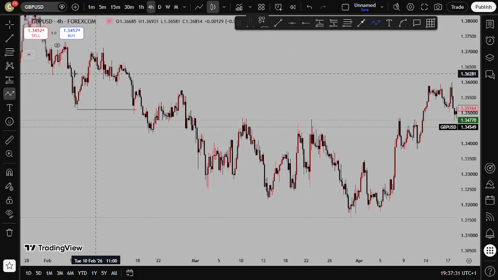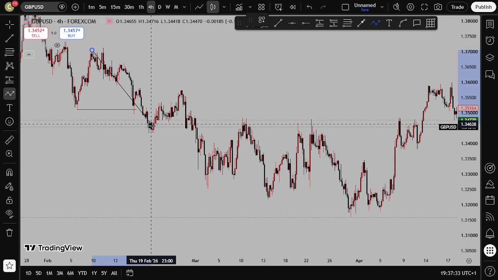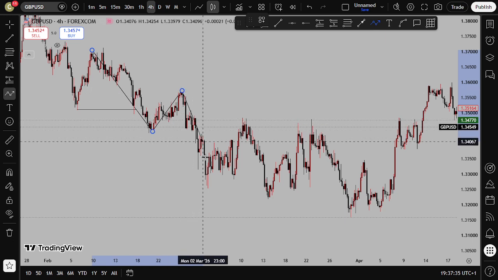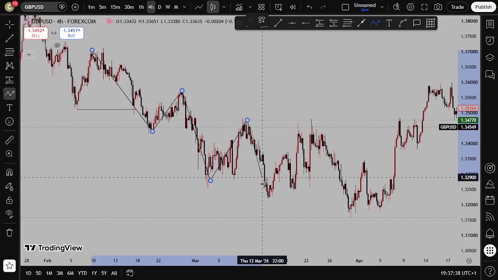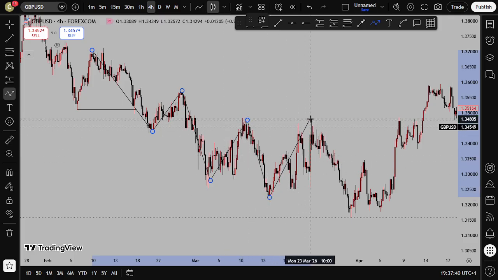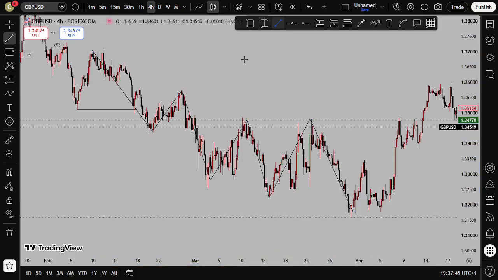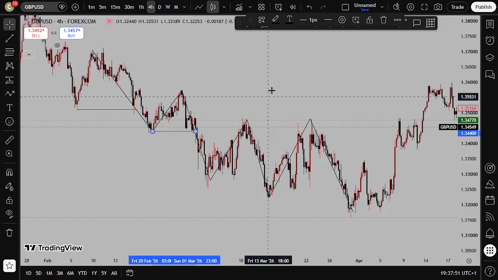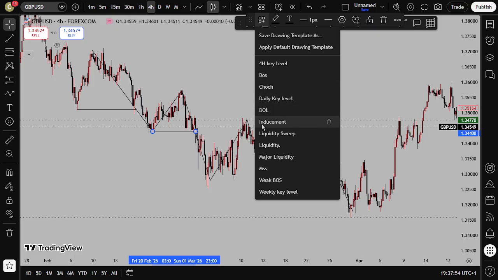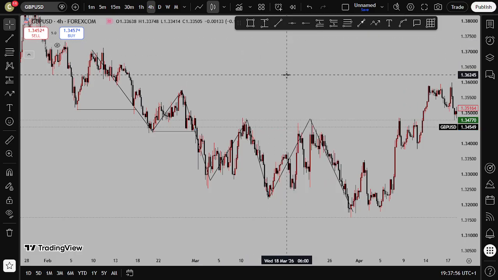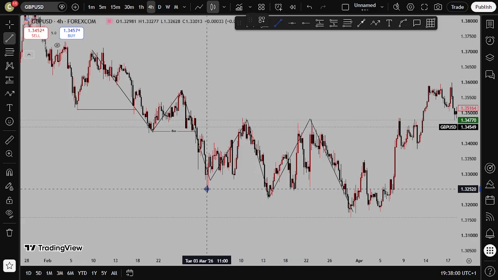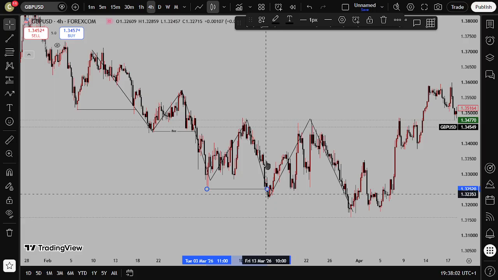Here you have lower low, lower high, lower low, lower high, lower low, lower high, lower low. Then as price keeps breaking the previous lower low, it creates break of structures to the downside, which signifies that the trend continues. Break of structure.